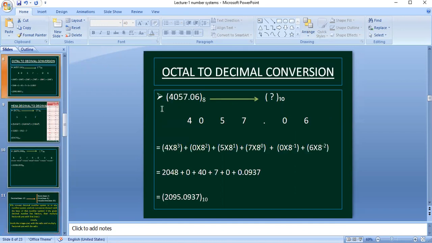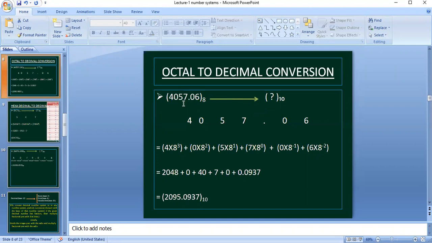And next, octal to decimal conversion. This is also a similar way. The previous one we discussed was binary to decimal conversion. Here it is octal to decimal conversion. We have to convert the given octal number into decimal.